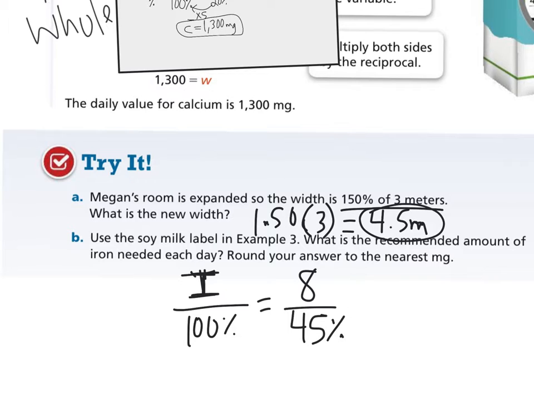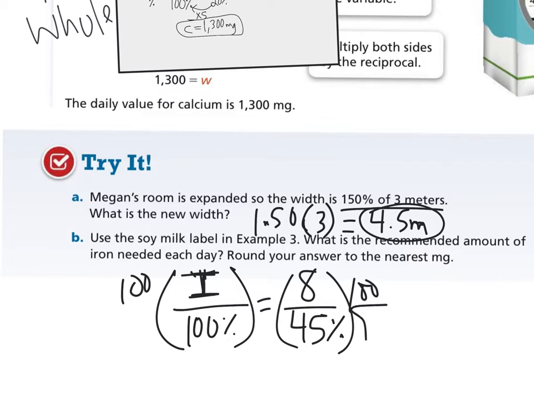These numbers might not be quite as nice here. You could potentially find a pattern if you're using a calculator or something, but otherwise, if you wanted to just work it out, you could. That'd be 800 over 45. And then when you go to divide that out, you should get 18.